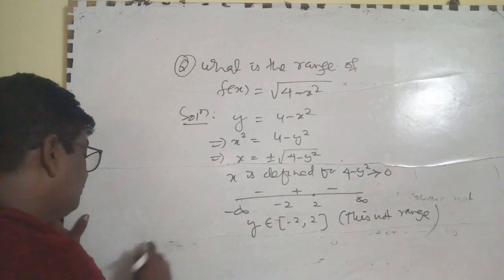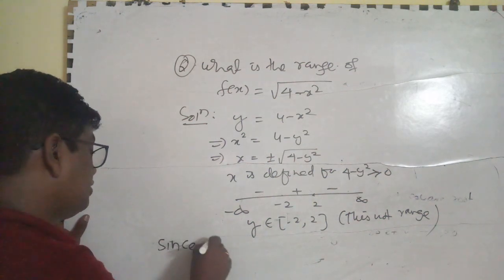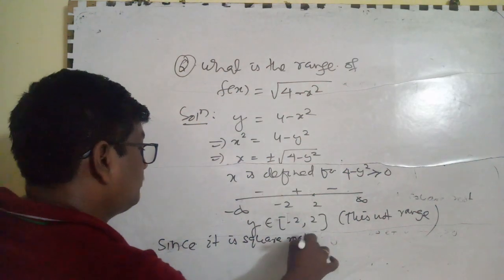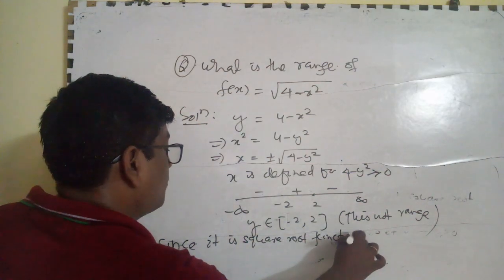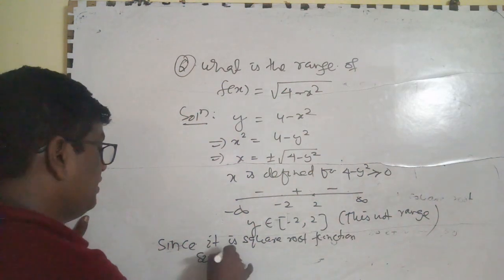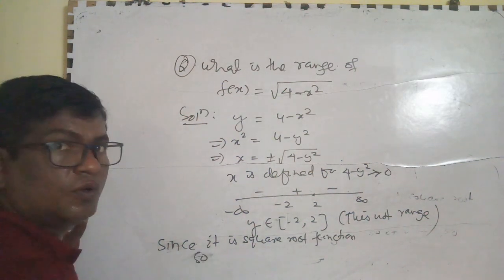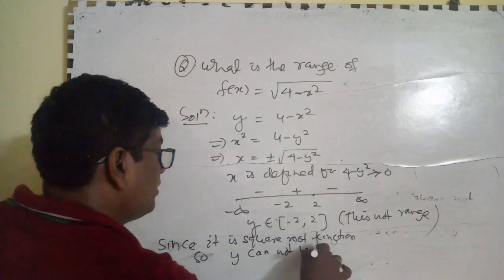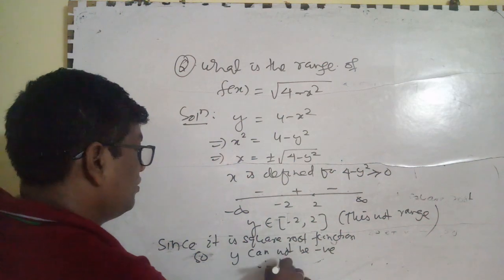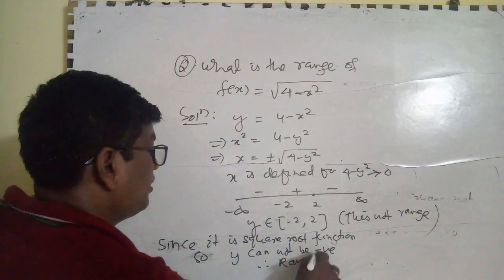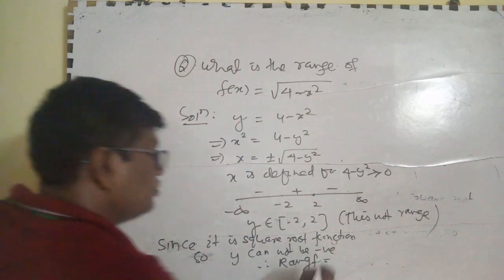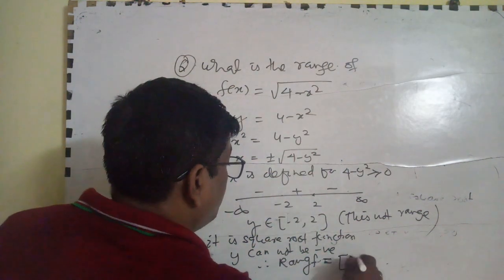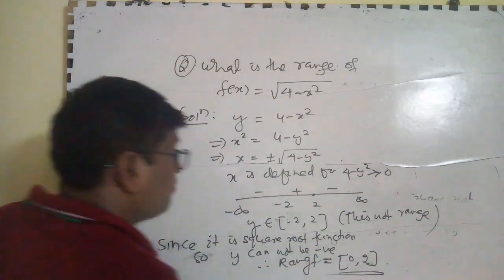Since it is a square root function, y cannot be negative. Therefore range of f is equal to 0 to 2.